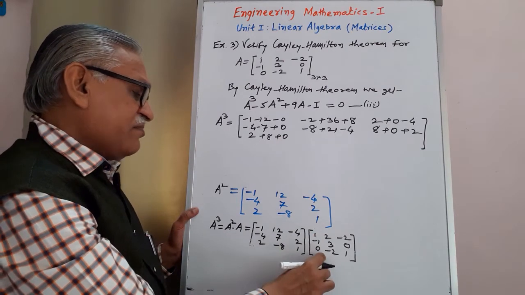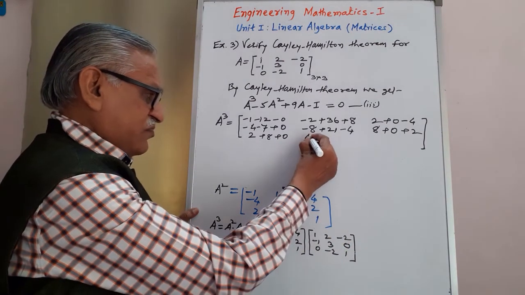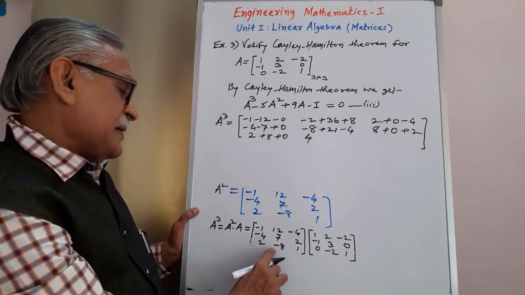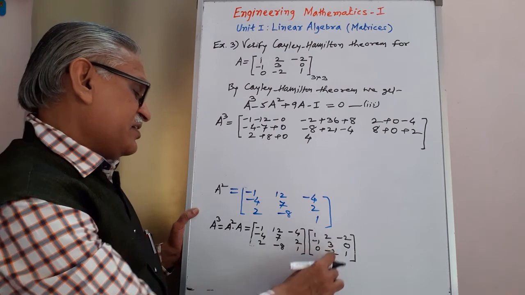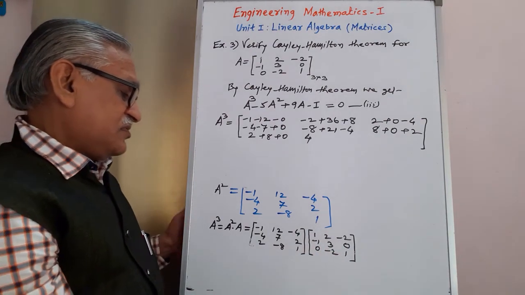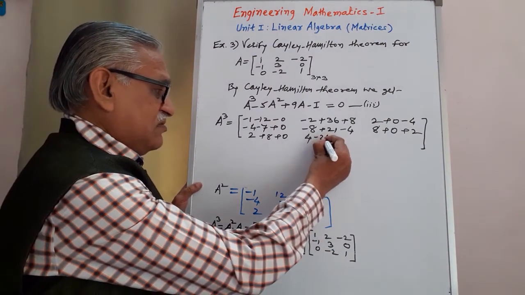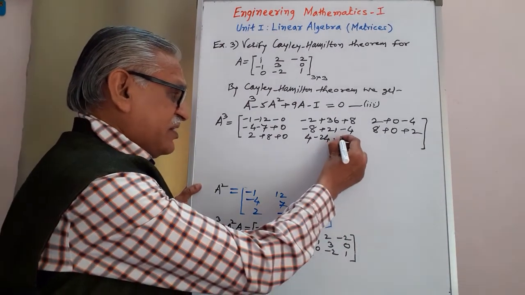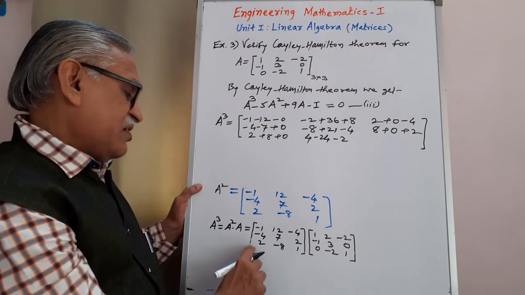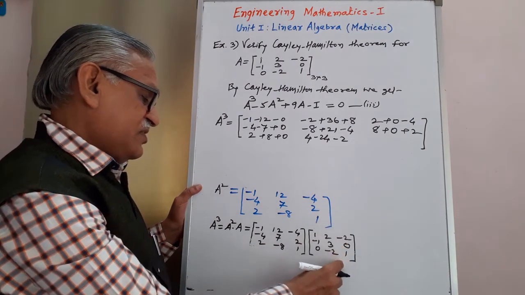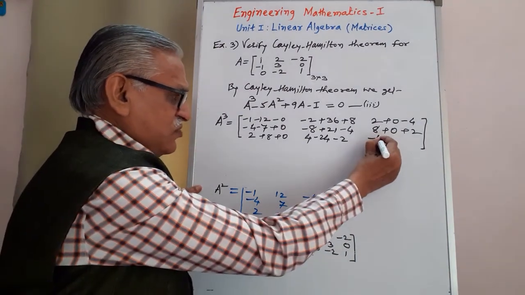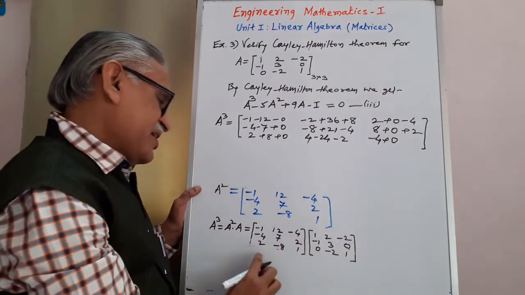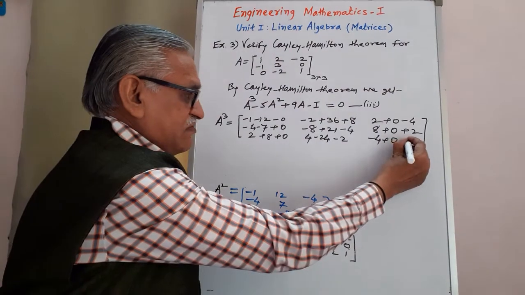Third row to second column: 2 into minus 2 is minus 4, then minus 8, 24, and 1 into minus 2, minus 2. Then by this row to this column: 2 into 2 is 4, minus 4, 0, and then plus 1.